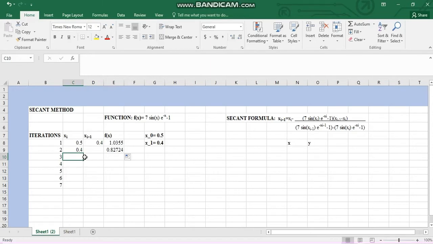After that, to get the next x initial, we will use the second formula, which is this.